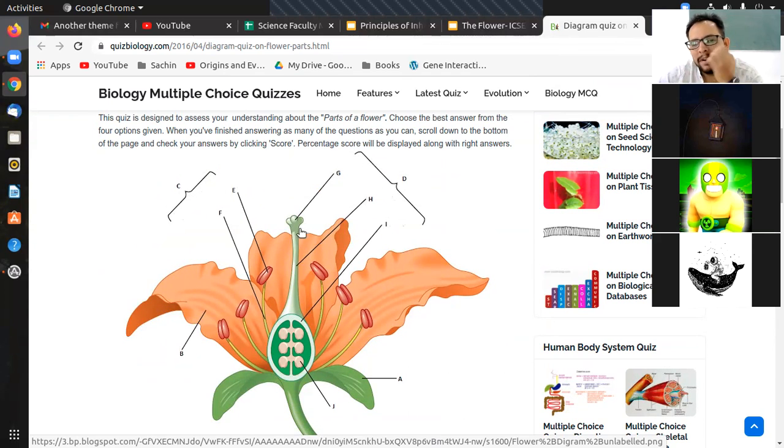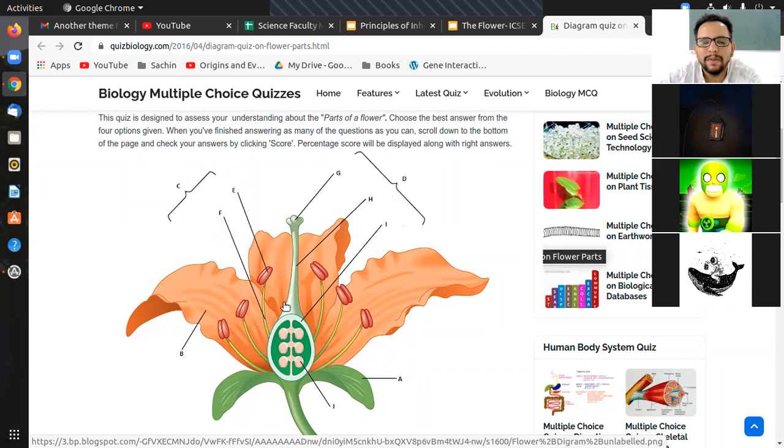It is made on the complete style, stigma, and ovary. And C is made for all of these, that is your E, which is the anther part, and F, which is the filament part. So all these stamens, that is C, and all the carpel, that is D.